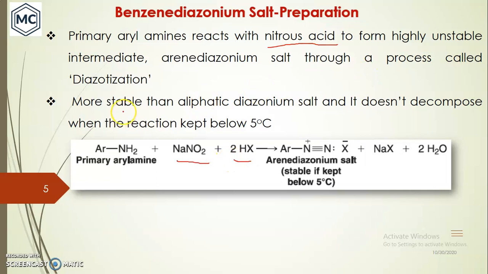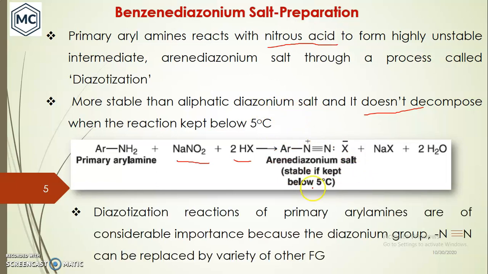This arenediazonium salt is more stable than its aliphatic counterpart, which is unstable compared to the aromatic one. The aromatic compound usually does not decompose when the reaction is kept below 5 degrees Celsius, while the aliphatic one normally decomposes.